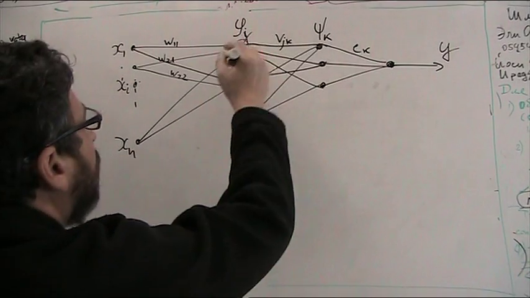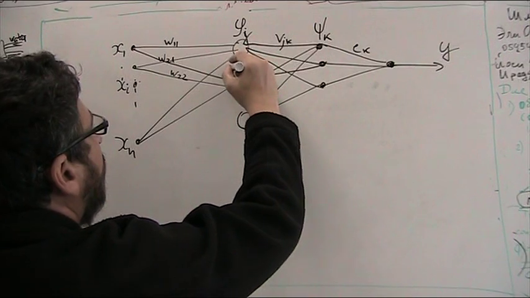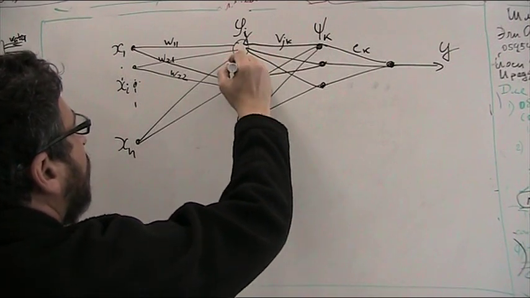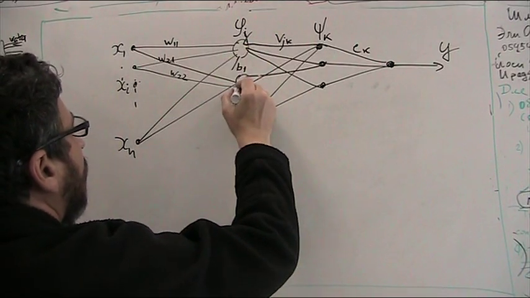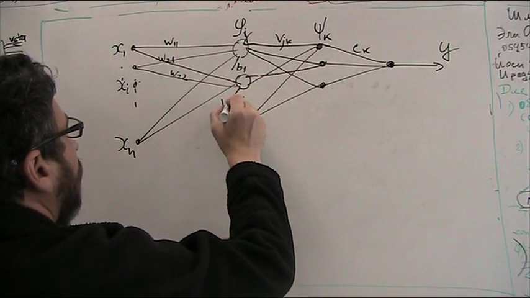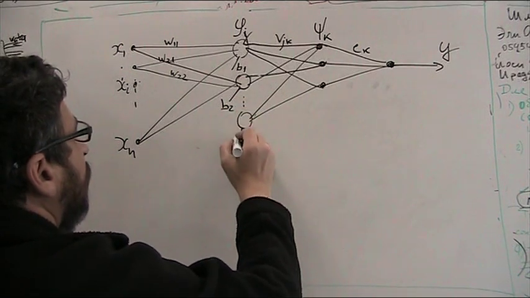I also forgot to add constant entries which we called B. So it's B1, B2, and so on.